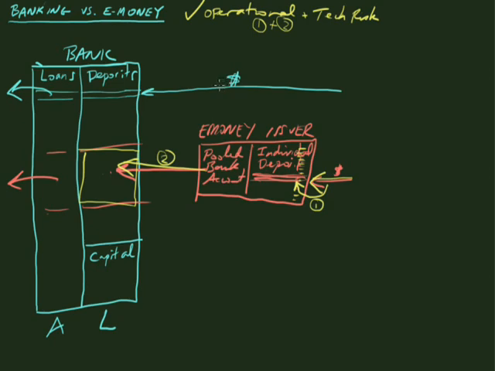The other part of banking risk that regulators don't need to worry about in the case of e-money issuance is prudential risk. And in a sense, this is the much bigger deal risk of banking. This is the risk that once the deposits have been taken in, is that money being loaned out responsibly?